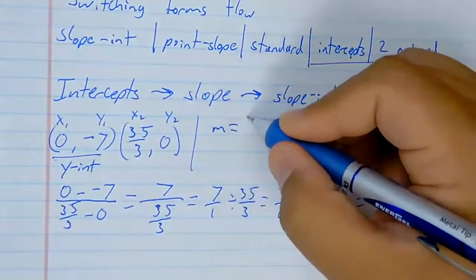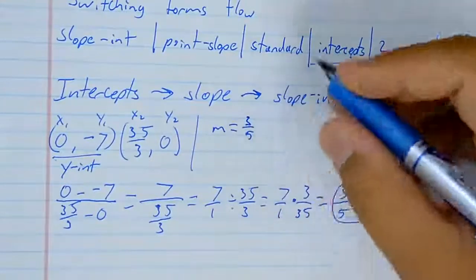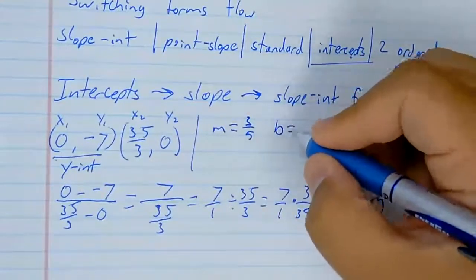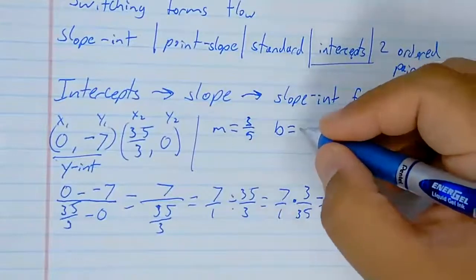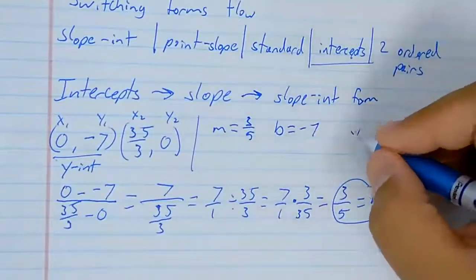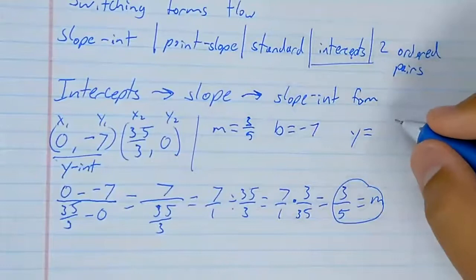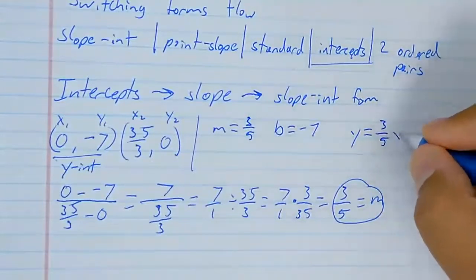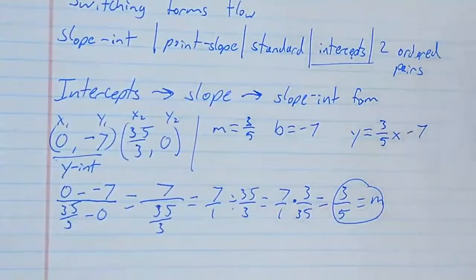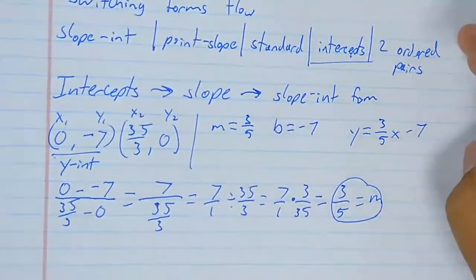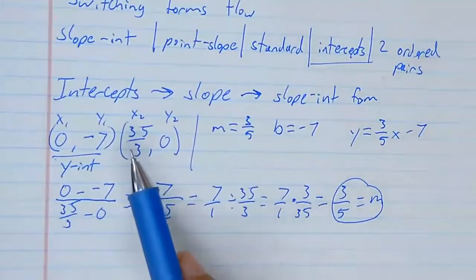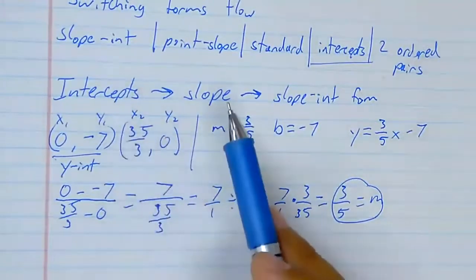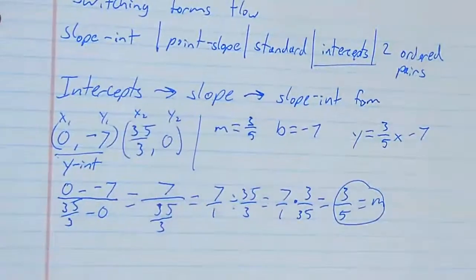If m equals 3/5 and b equals -7, then our equation is y equals 3/5 x minus 7. So given our intercepts, we can go to slope-intercept form.